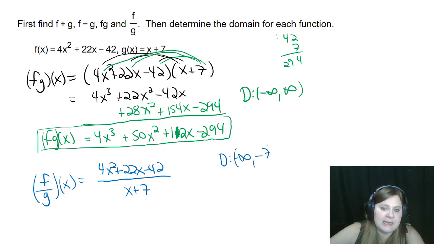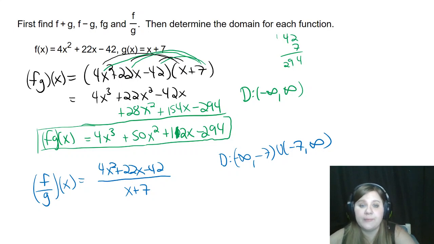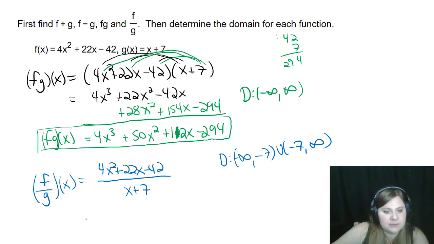It's negative infinity to negative 7, union negative 7 to infinity. The other thing is you should check and see if this is simplifiable. If it's simplifiable, I do expect you to simplify. Now, a couple things. One, there's a GCF on the top, so I recommend pulling that out. In this case, it's 2.